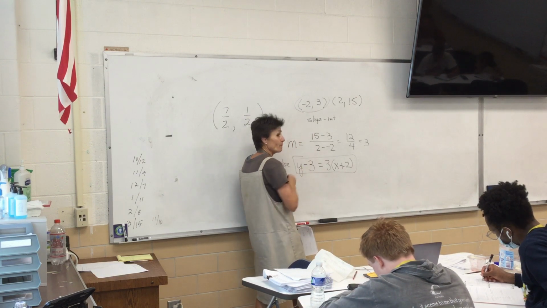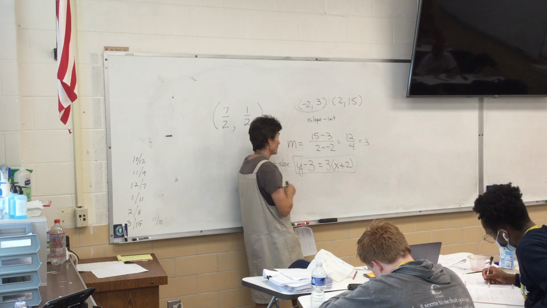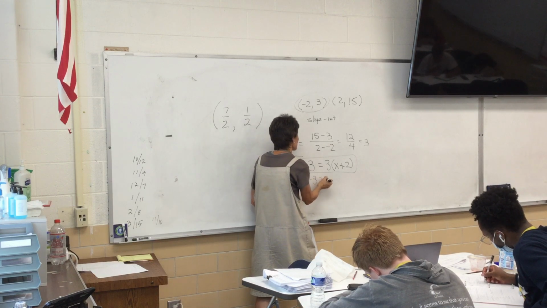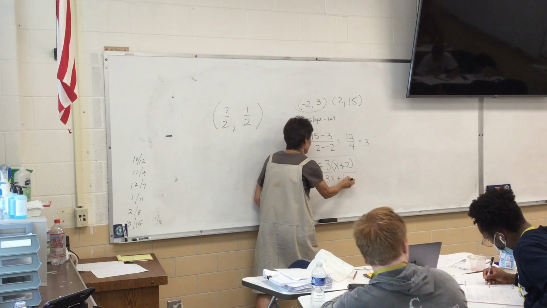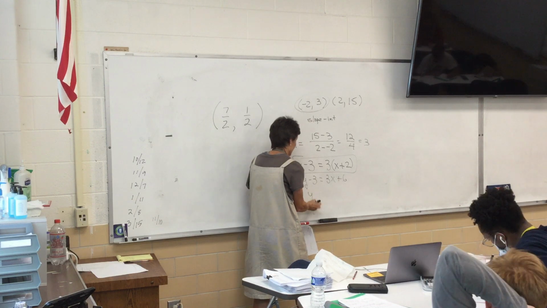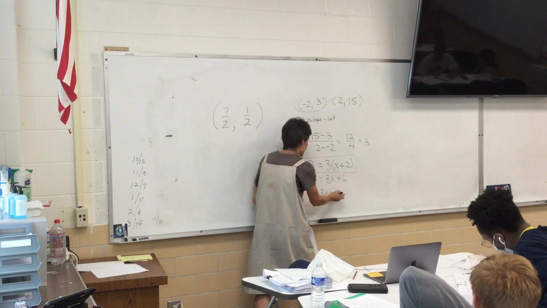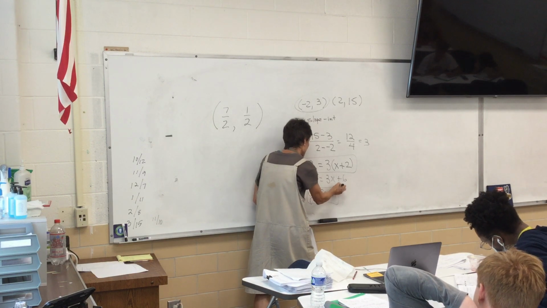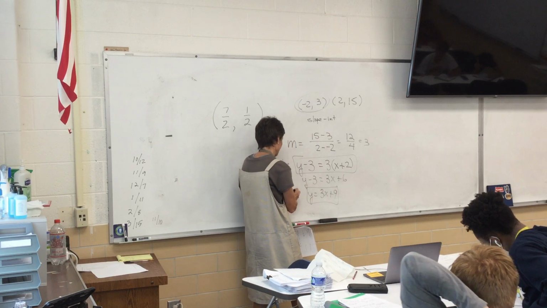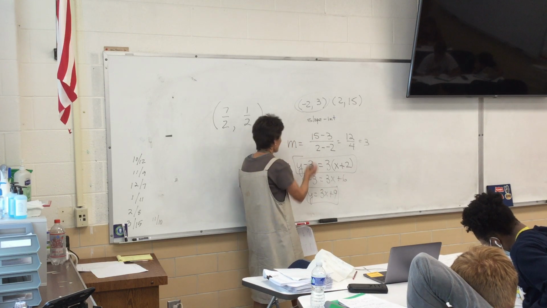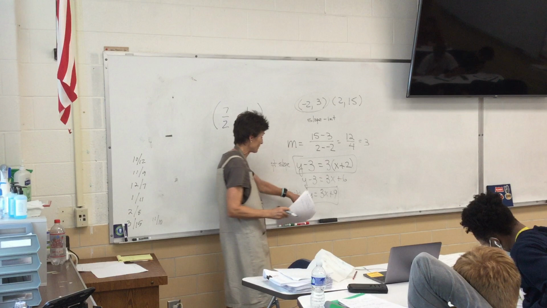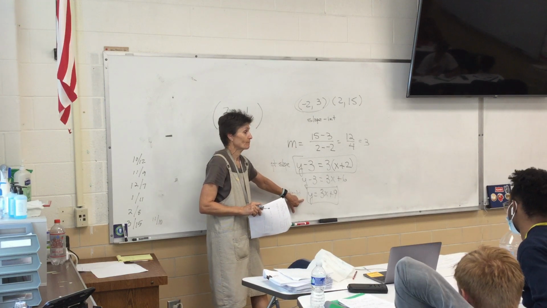But I need slope intercept for this problem. So I want to distribute, so it's going to be y equals 3x plus 9. Yes, it is. And there is your slope intercept form. So if it said slope intercept, this would be the answer.